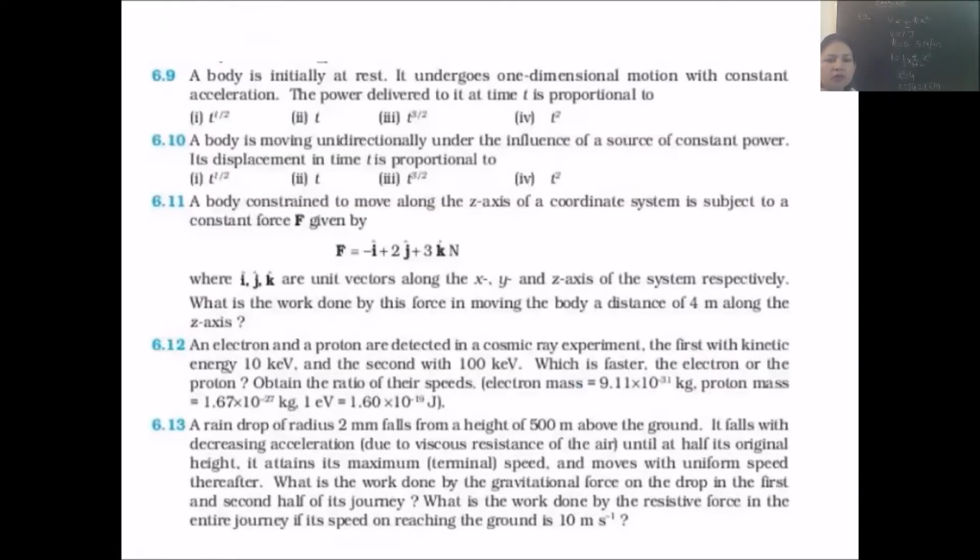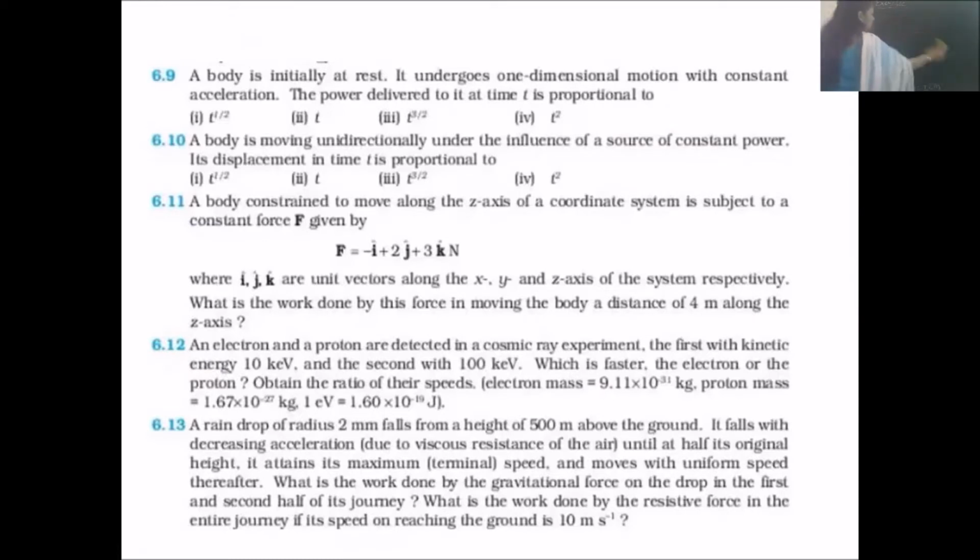Okay, let us come to question number 9, 6.9. A body is initially at rest. That means u is 0. It undergoes one-dimensional motion with constant acceleration. So mind it, acceleration is constant.